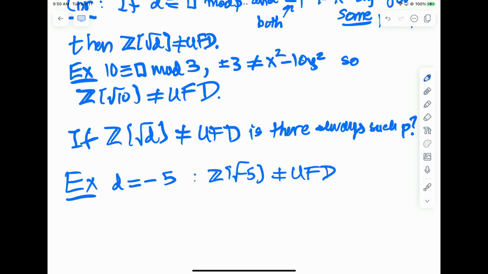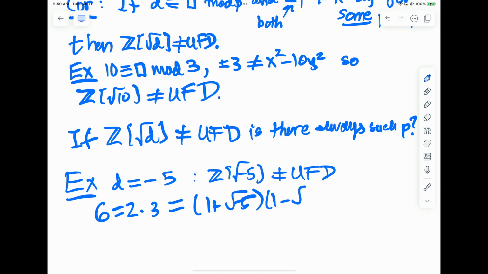So I'll just show you an example. Z[√-5] does not have unique factorization, so what's the famous example? Six, right? This goes back, I think, to Dedekind. 6 is 2 times 3, which is (1 plus √-5) times (1 minus √-5).